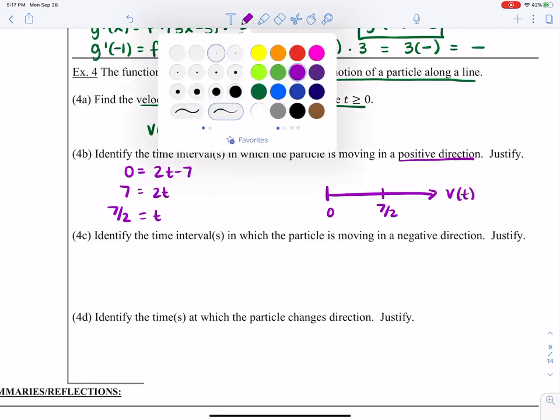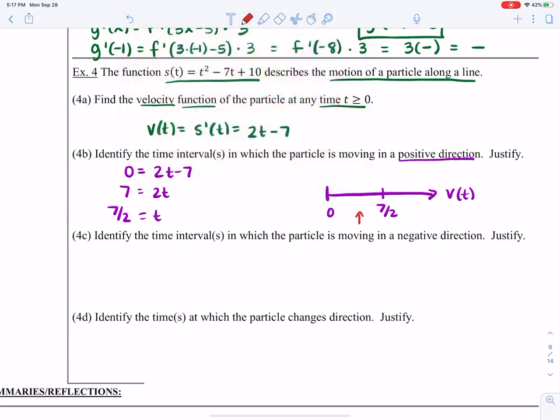So I want to pick a number in between 0 and 7 halves and a number bigger than 7 halves. And what we want to do is plug it into our velocity function, like a number like 1. 2 times 1 would be 2. 2 minus 7 would give me a negative value. A number bigger than 7 halves, say something like 4. 2 times 4 would be 8. 8 minus 7 would give me a positive value.